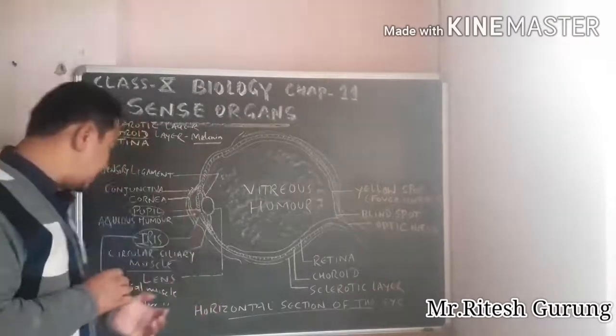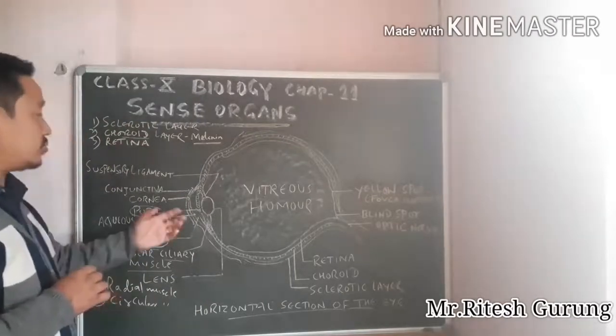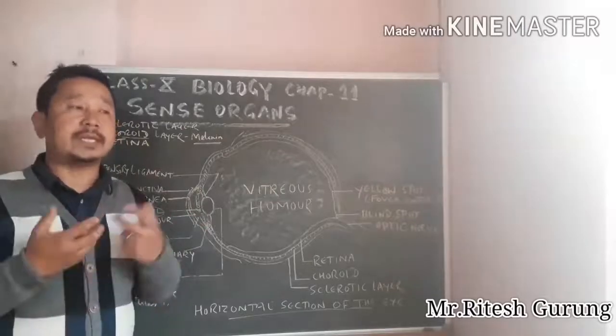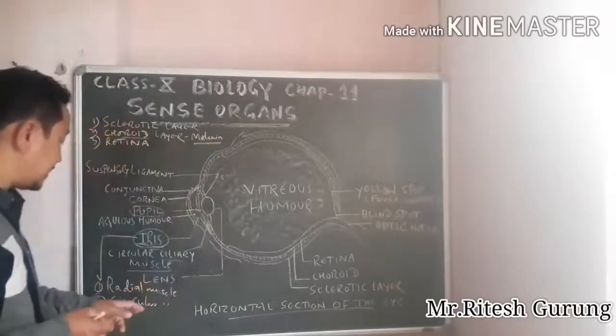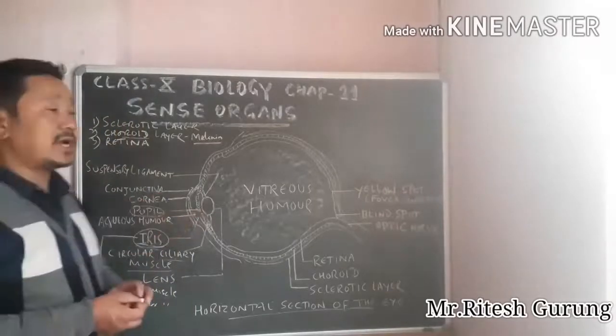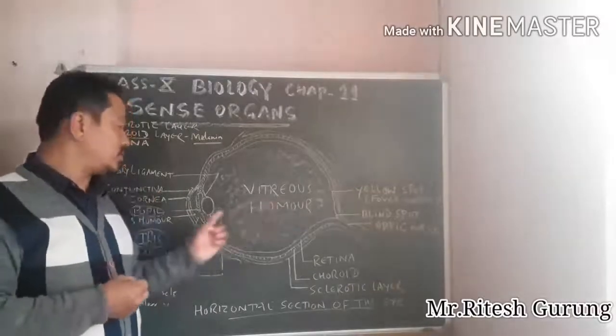Similarly, there is another muscle called the circular muscle, which constricts the pupil when we are in bright light, so that only the required amount of light enters the eyes through the pupil.